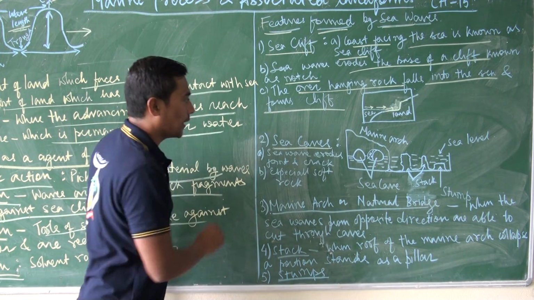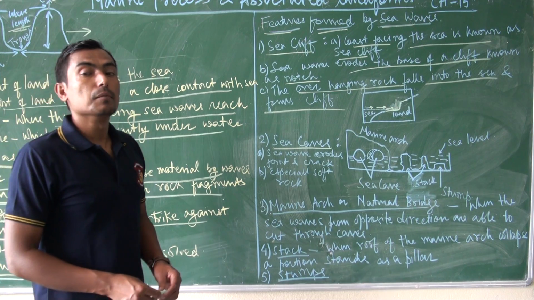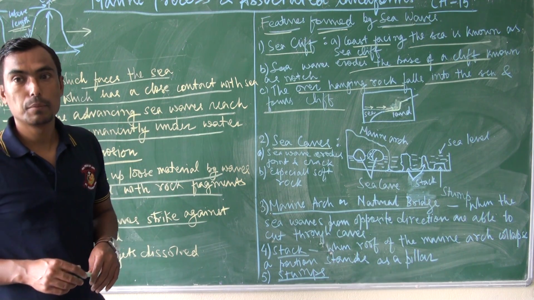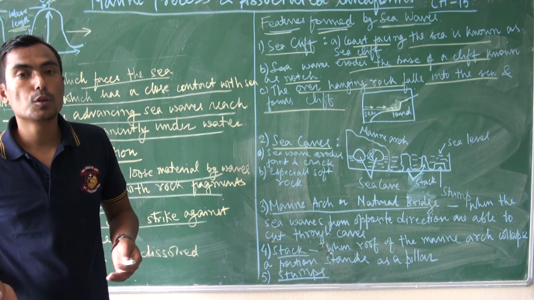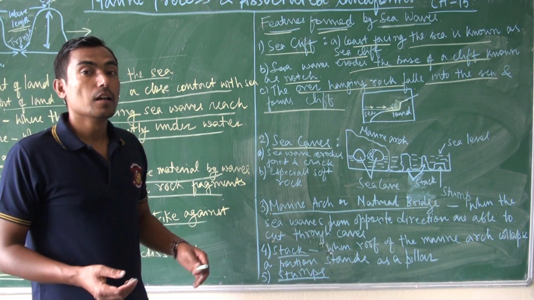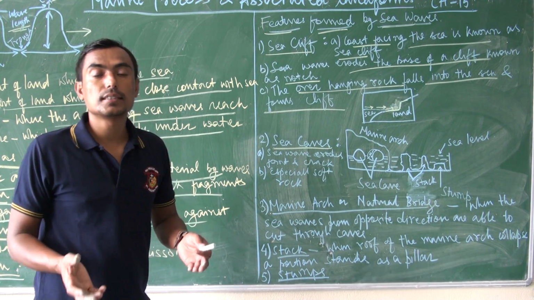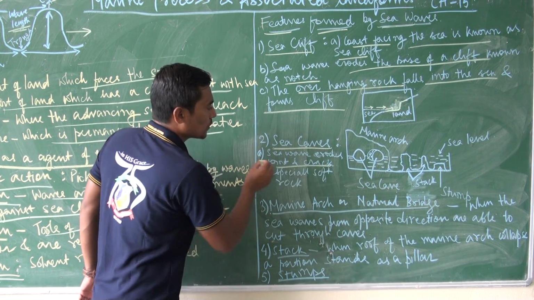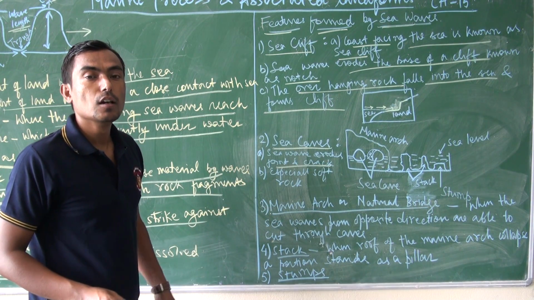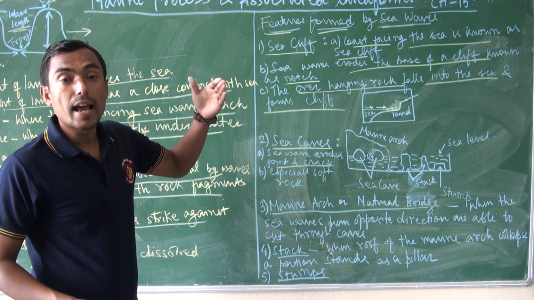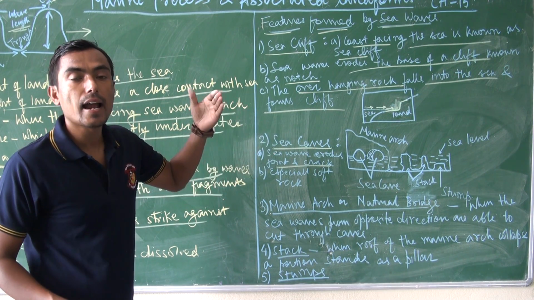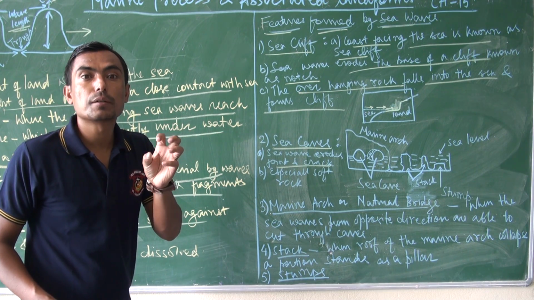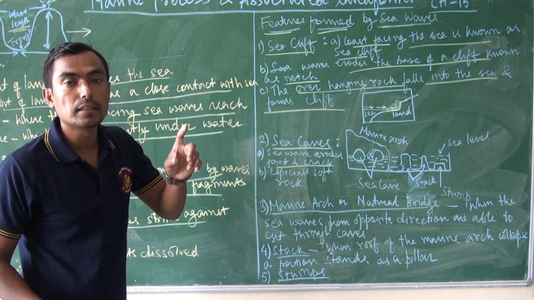Next is sea caves. Sea caves come into existence especially on soft rock, because soft rock gets eroded much more quickly than hard rock. Especially along the coast of the sea, we may find joints and cracks, especially along the wall of the cliff. These cracks and joints act as one of the major sources for getting further eroded by the sea waves.